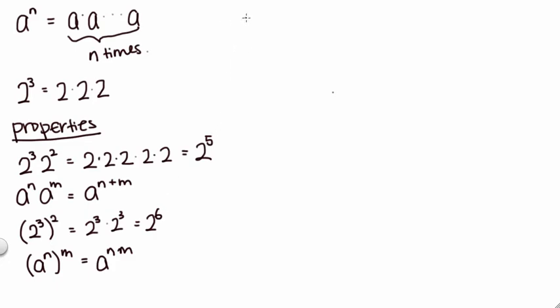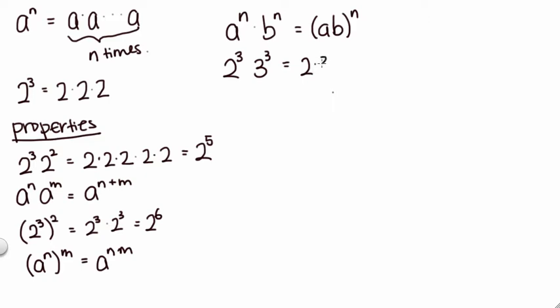The next property is when we have different bases but the same exponent. So say we have a to the n and b to the n. If they have the same exponents, then we can collect the bases and put them to that same exponent. So let's say we have 2 to the third and 3 to the third. We can write this as 2 times 3 to the third power, right?